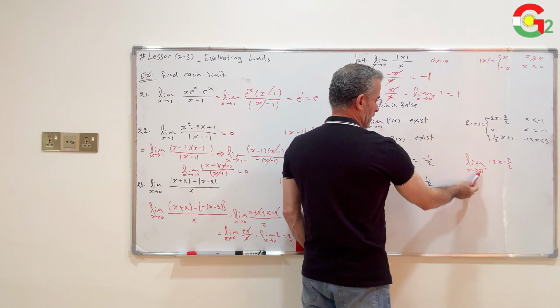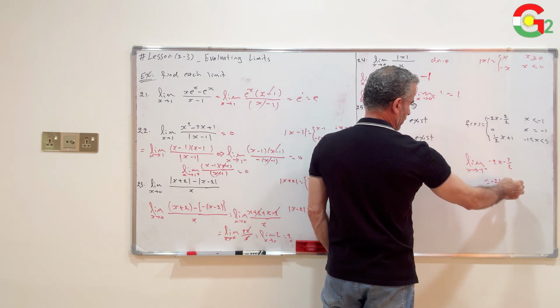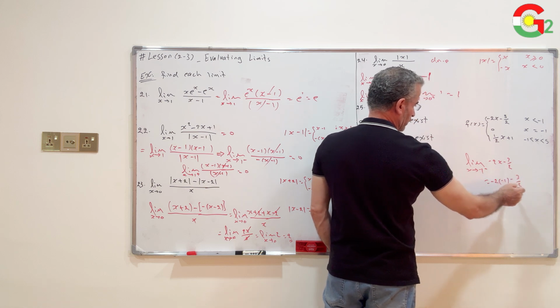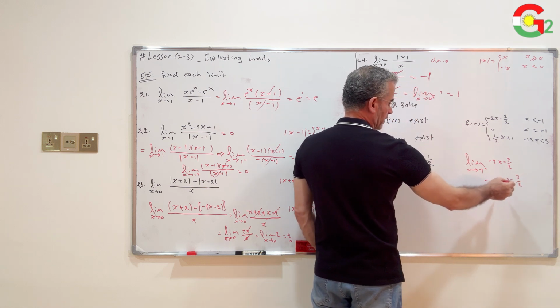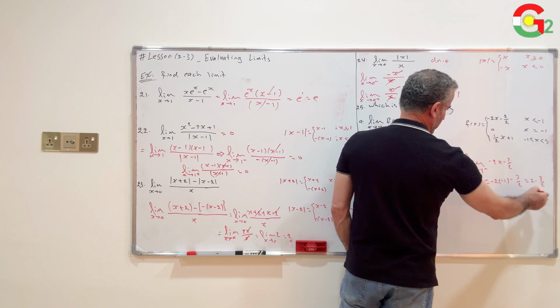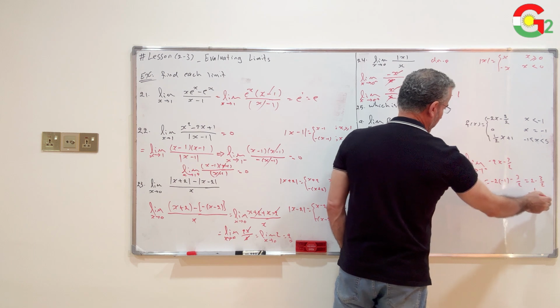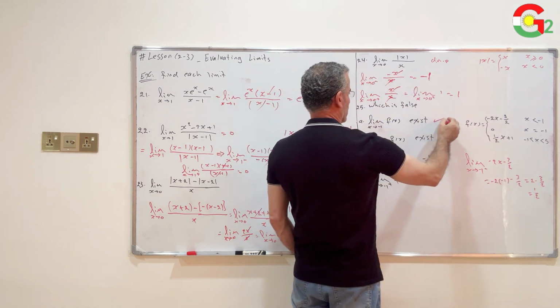Substitute every x with negative 1, then negative 2 times negative 1 minus 3 over 2. Negative 2 times negative 1 is 2. 2 minus 3 over 2, it is 4 minus 3 over 2, 1 over 2. It exists.